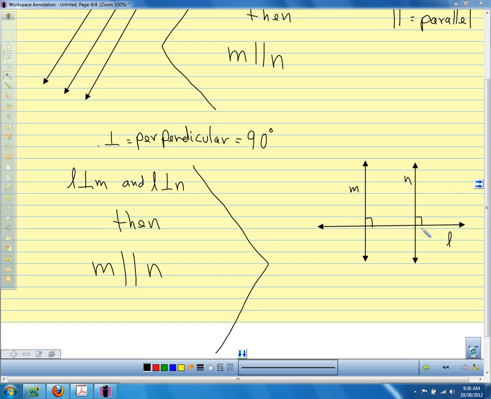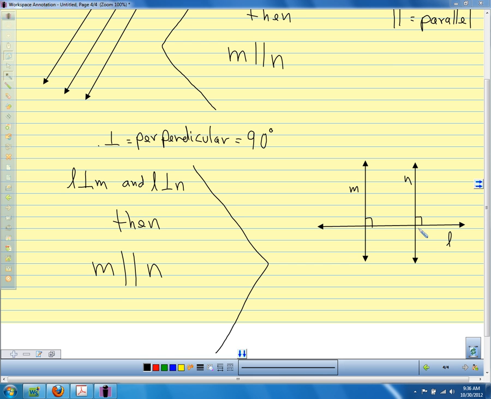What do we call those kinds of angles? Anyone? Yeah. These are corresponding angles. So this works because corresponding angles are congruent. Our corresponding angles are 90 degrees.